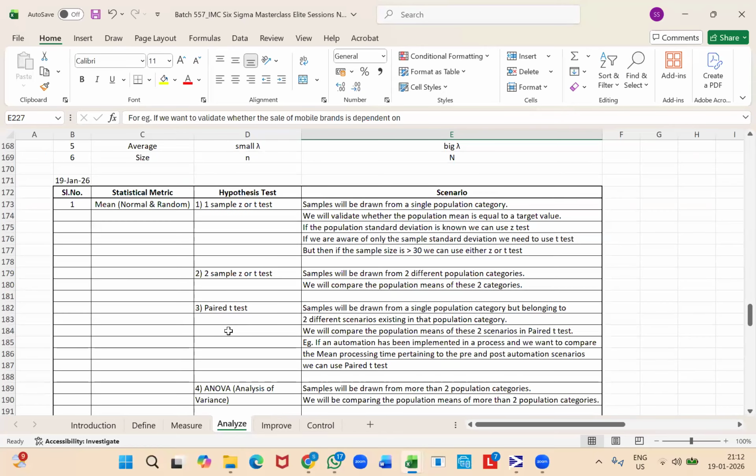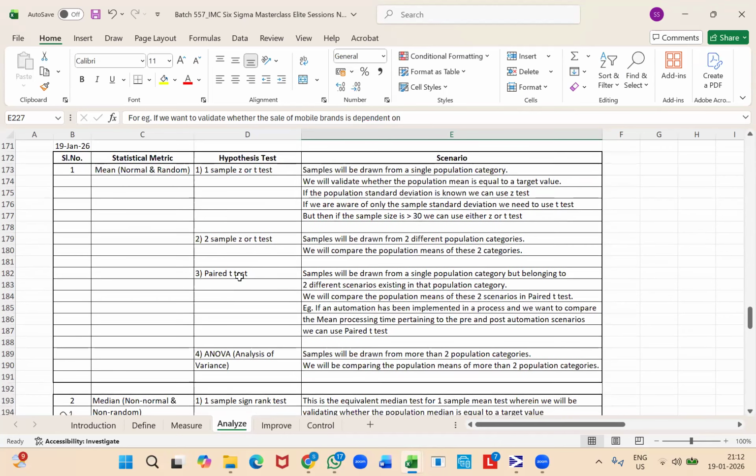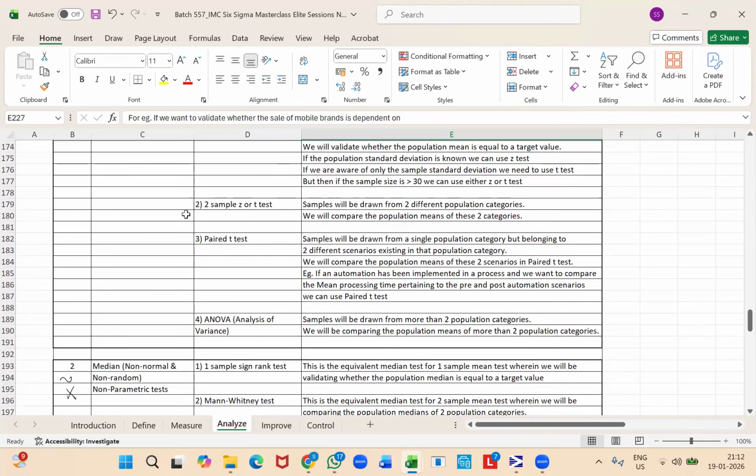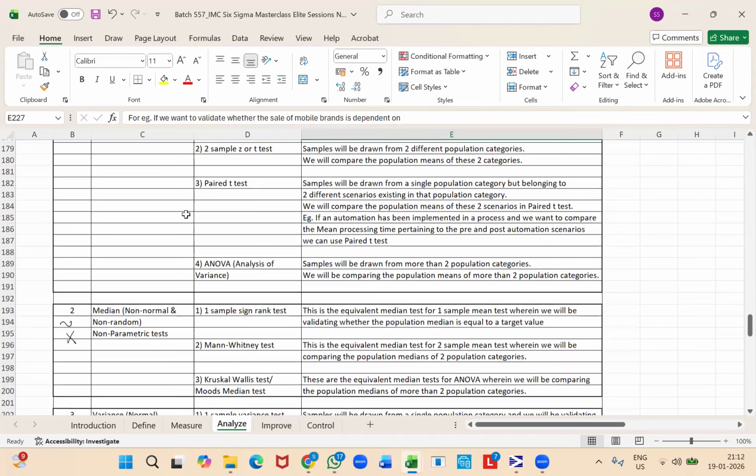On the 11th day, when we solve the exercises under hypothesis testing, we will look at the exercises under one sample t-test, two sample t-test, paired t-test, and also ANOVA. So we will cover all four hypothesis tests under mean.